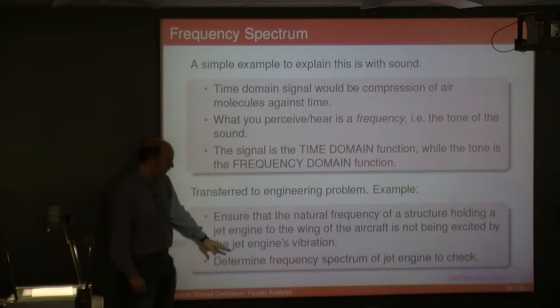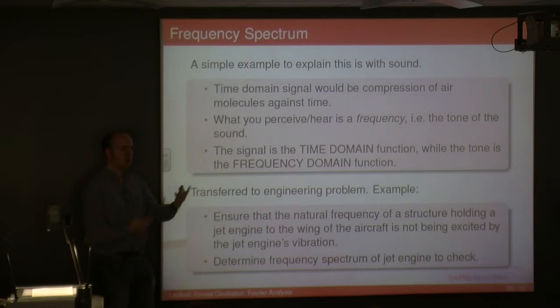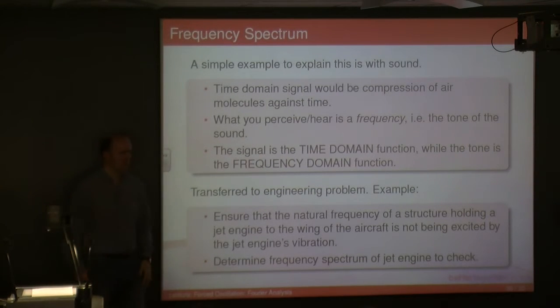And obviously you don't want that excitation force to match the natural frequency of that structure, because then you end up with resonance, and resonance, as we know, is bad. So that's an example of why you might want to go from the time domain to the frequency domain. And this happens all over the place.